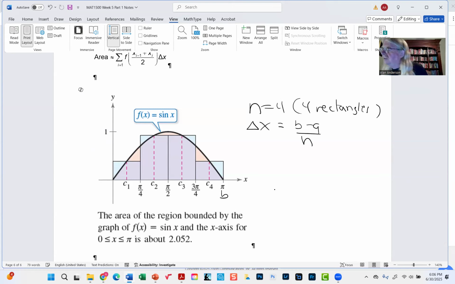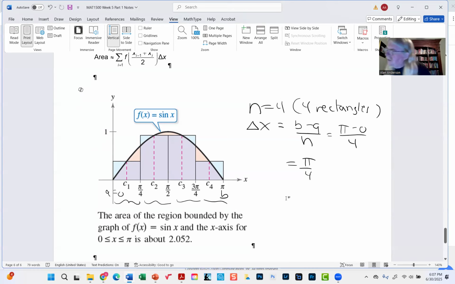In this case, b is pi, a is 0. Okay, so from one rectangle to the next, we have pi over 4. And then the c's are the midpoints of those rectangles.